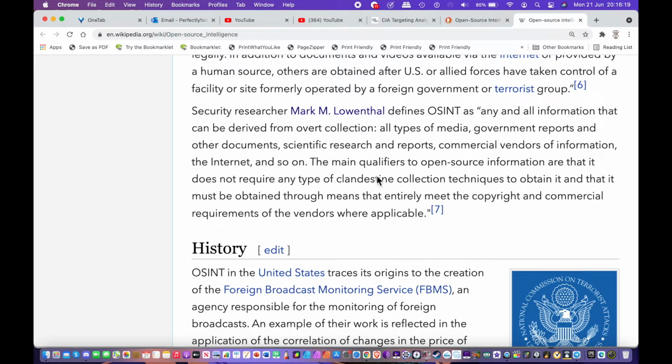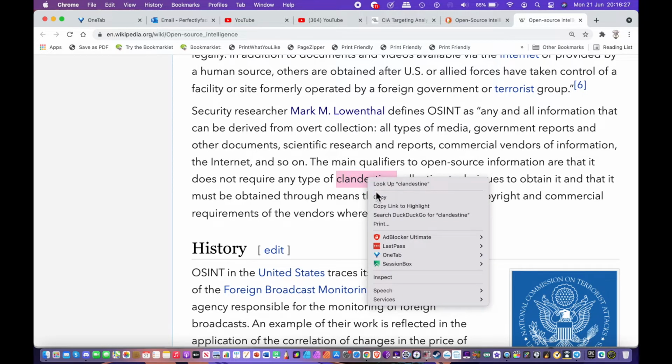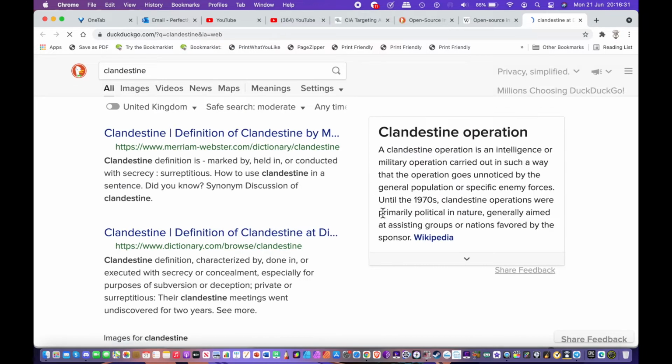So when I say clandestine, I mean like, okay, let's look up clandestine now. This is another thing I want to go through, but I'll just do the short. Basically, secrecy.